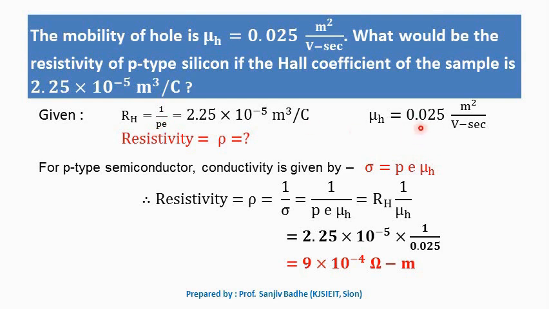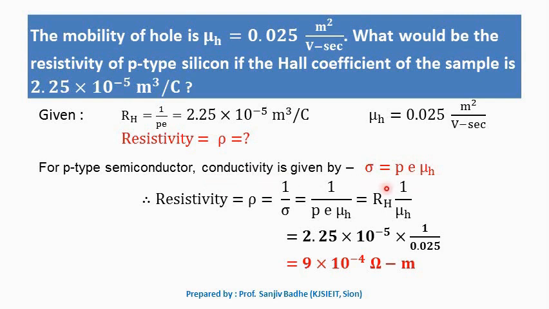Mobility of hole is given, that is 0.025 meter square per volt second, and we are asked to find the resistivity of this p-type silicon. Now resistivity is equal to 1 upon conductivity, and conductivity is given by PE mu h.